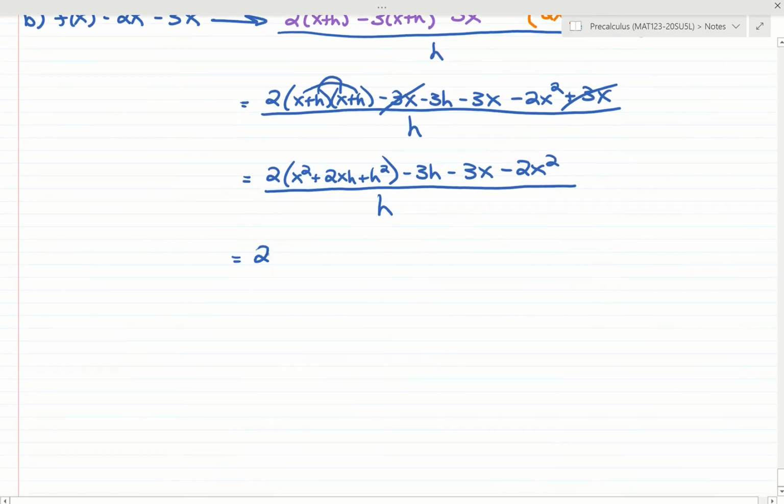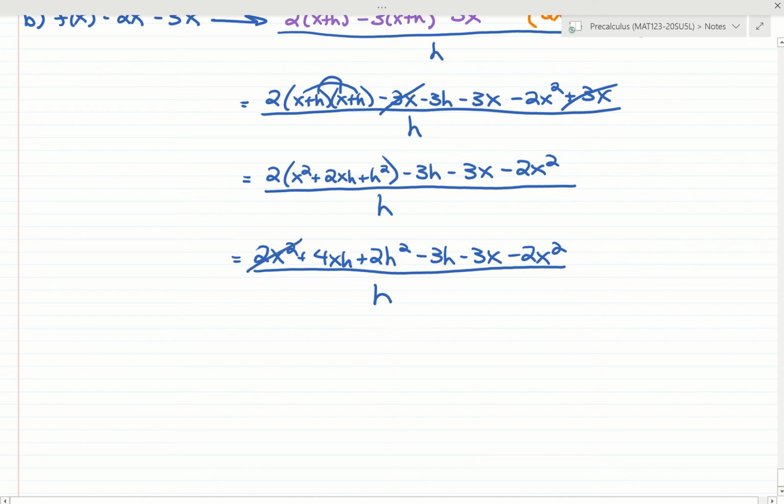This is going to be 2x squared plus 4xh plus 2h squared minus 3h minus 3x minus 2x squared, all over h. Okay, so these cancel. What else? I think that might be it.